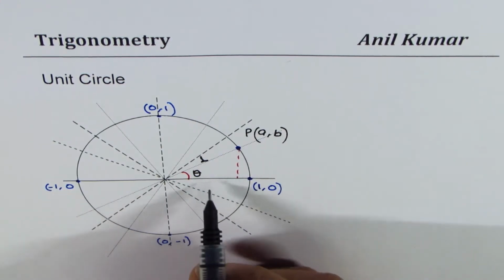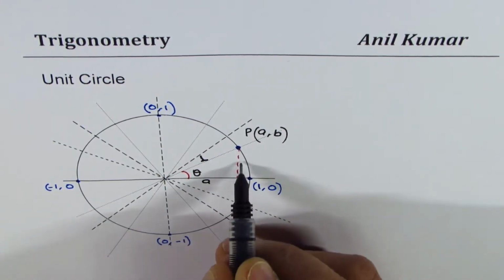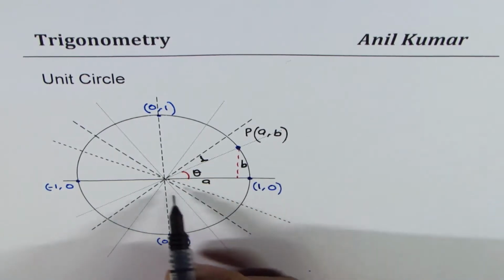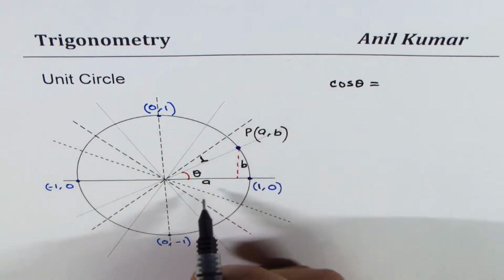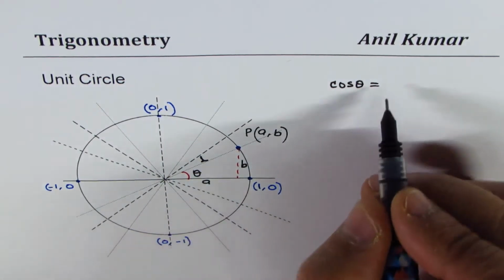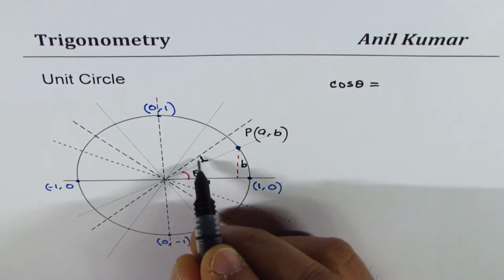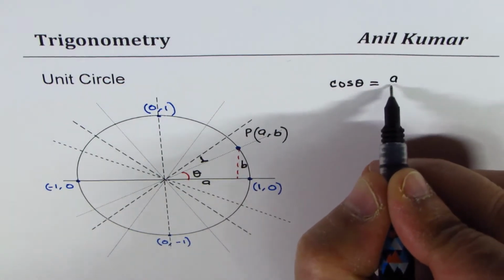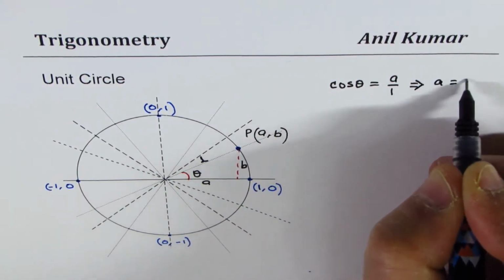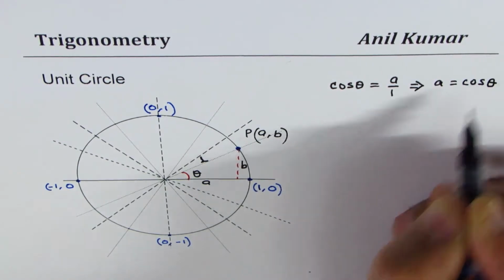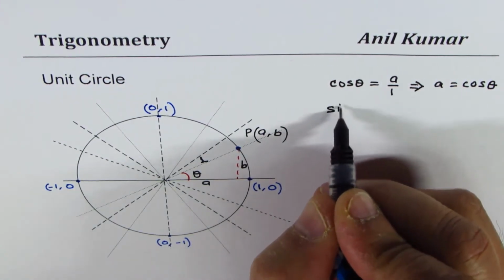In that case, what is A equal to? Now A is the adjacent side, right? So A is this side and B is the opposite side. So you can clearly see that cos theta equals A over 1, adjacent over hypotenuse, which implies that A equals cos theta. What is sine theta?